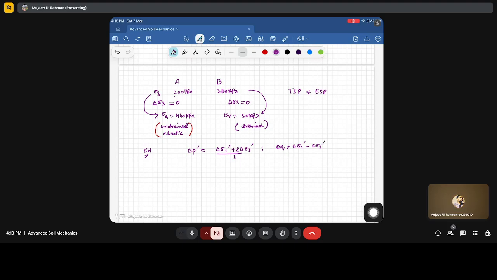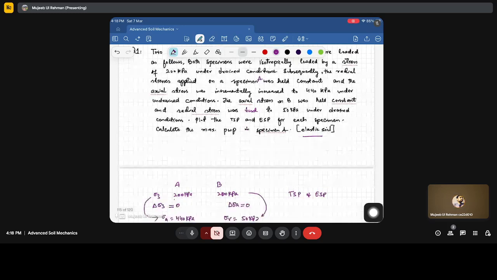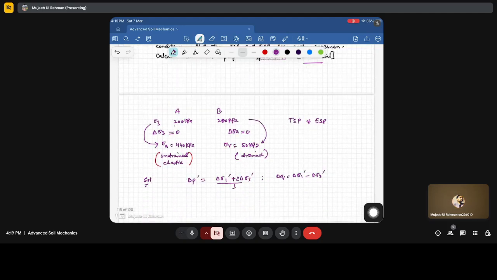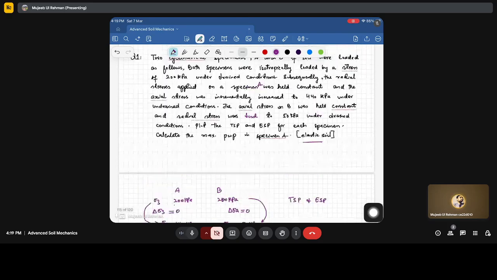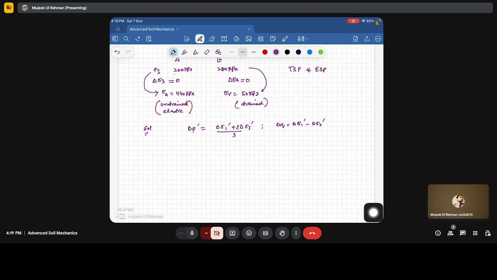Now since the conditions are axisymmetric, it's a cylindrical specimen, that's why I wrote this formula. In the initial part it has been told that both specimens have been isotropically loaded. So when we say it's isotropically loaded, delta sigma 1 is equal to delta sigma 3, and if we talk about total stresses and the conditions are drained, this will be equal to 0.